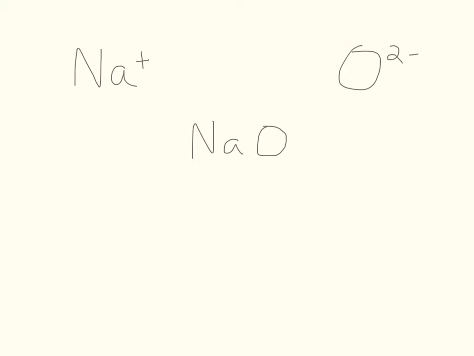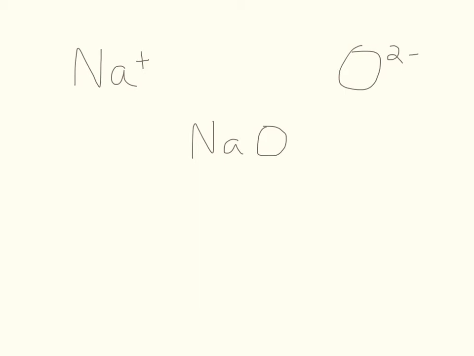If you look at the charges, what is the total positive charge in NaO? 1. What's the total negative charge? 2 negative. Is it neutral? Absolutely not. What do I need to make it neutral? I need another sodium.